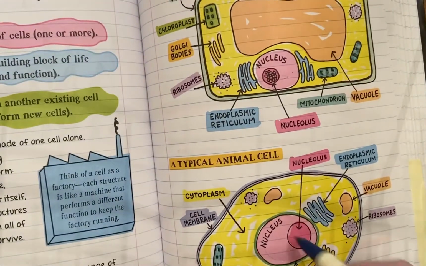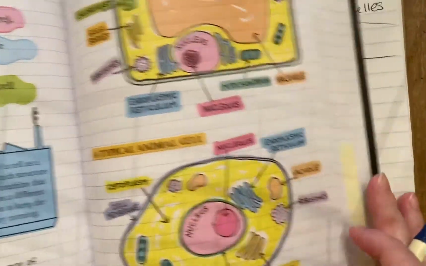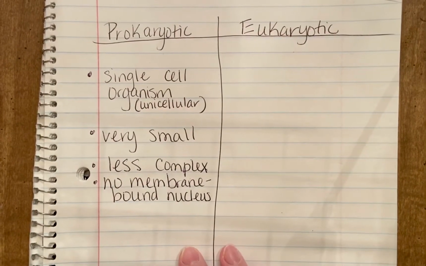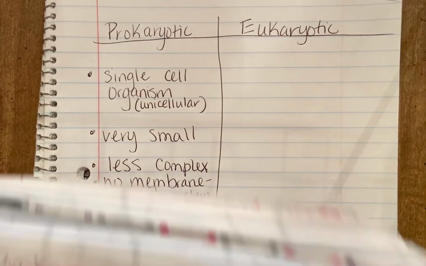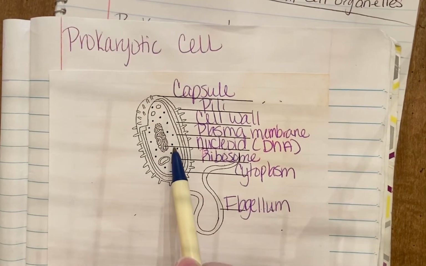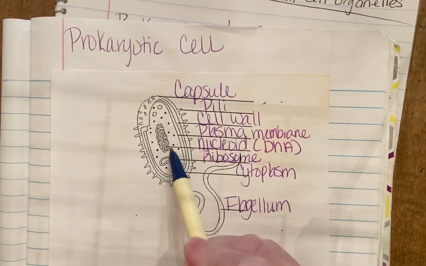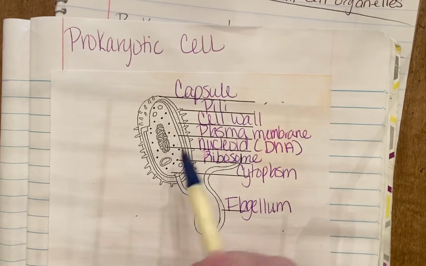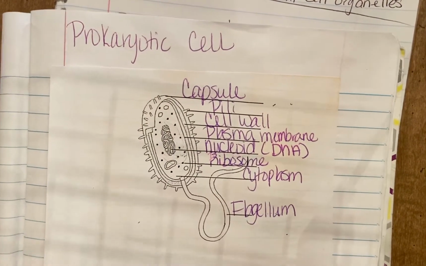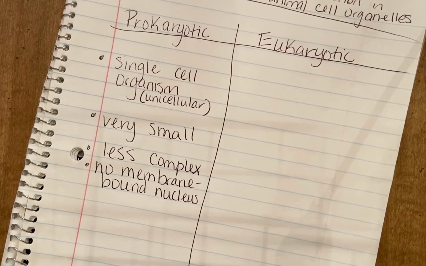The DNA is in the nucleus too, so that means it's stuck in the nucleus. But if I have a prokaryotic cell, I'm going to show you this. You don't have to copy this down. But right here is where the DNA is. This DNA is going to move around the whole prokaryotic cell. There are no membrane-bound organelles in here compared to the plant and animal cell, which are eukaryotic cells.